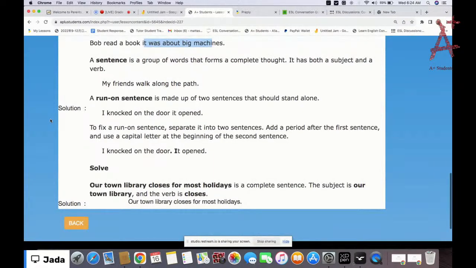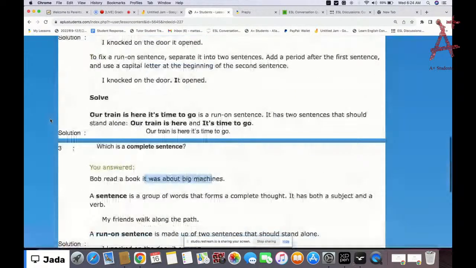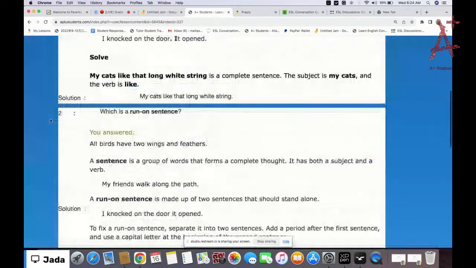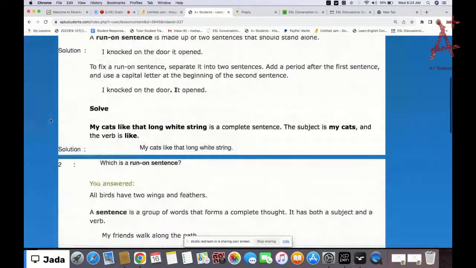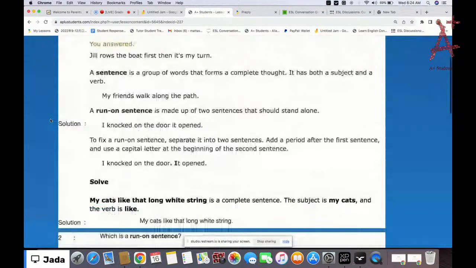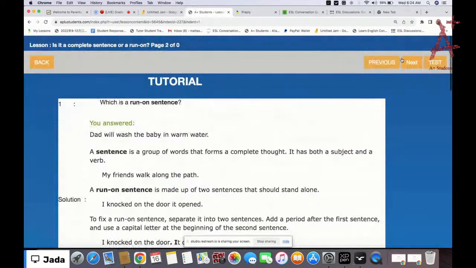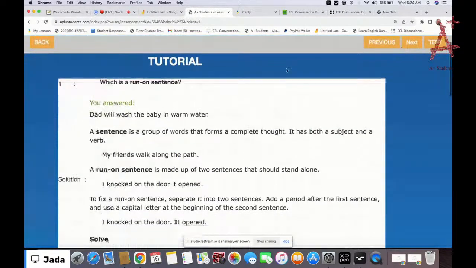Now we'll try to see some more examples. Which is a run-on sentence?